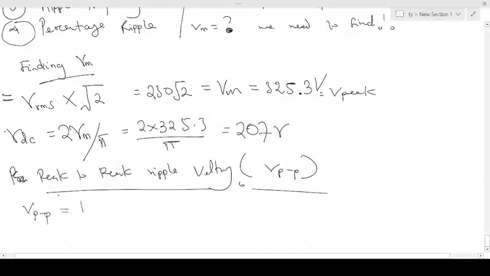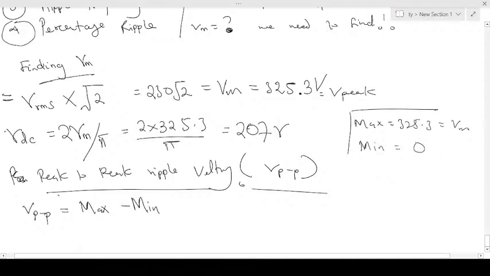Now our maximum is 325.3, because that is our peak voltage, and our minimum is 0.